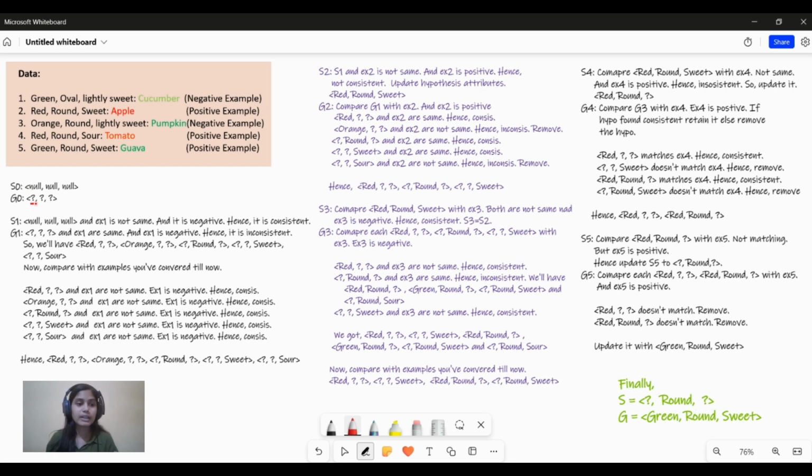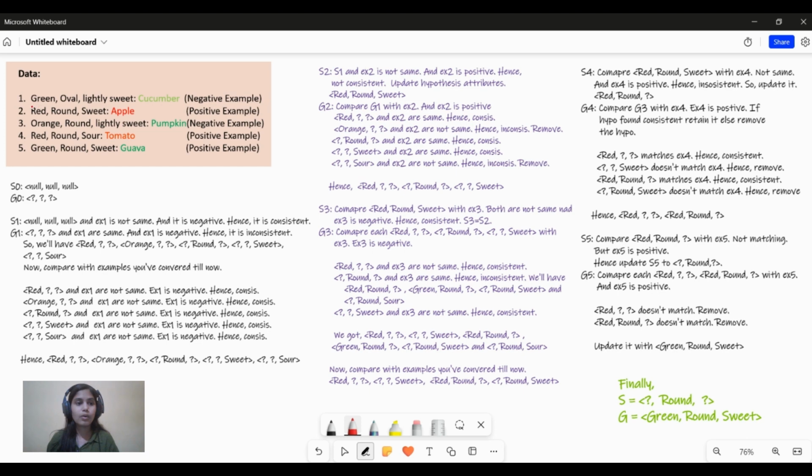That means the first question mark, which is the color, will accept all colors: green, red, orange. The second question mark will accept all shapes: oval, round. And the third one will contain all values: sweet, lightly sweet, sour, all these tastes. So we have initialized it.